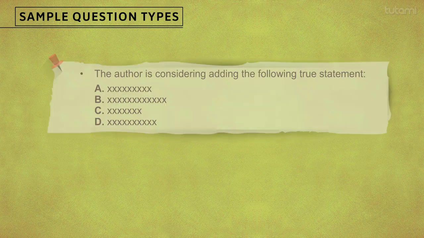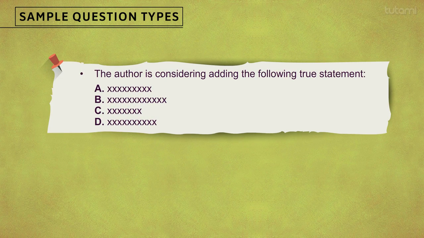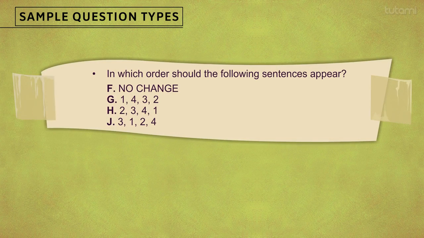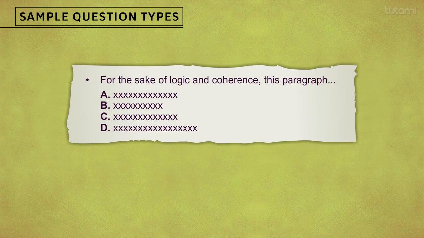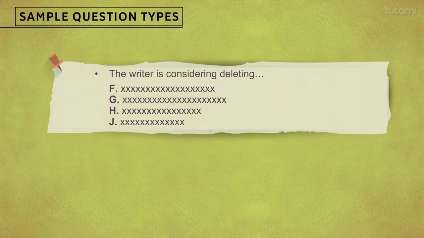the author is considering adding the following true statement. In which order should the following sentences appear? For the sake of logic and coherence of this paragraph, the writer is considering deleting.